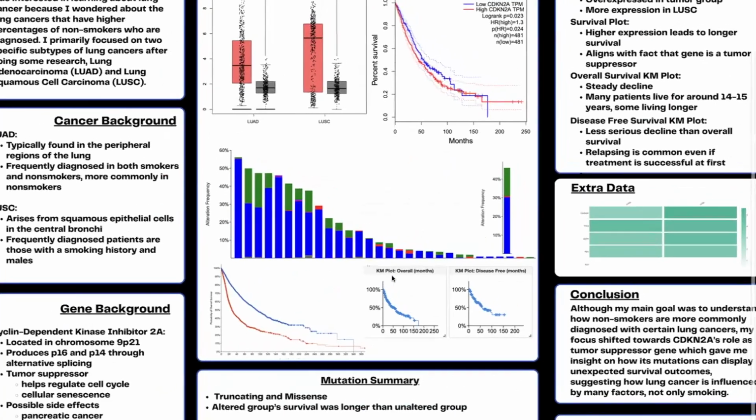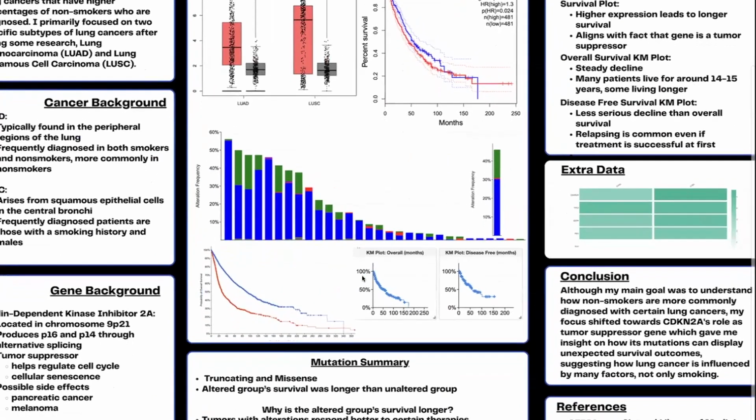And then for the survival KM plots that I researched with this gene, the overall survival just shows the probability of a patient's survival over the course of years. There's a pretty steady decline, which shows patients live for around 14-ish years.